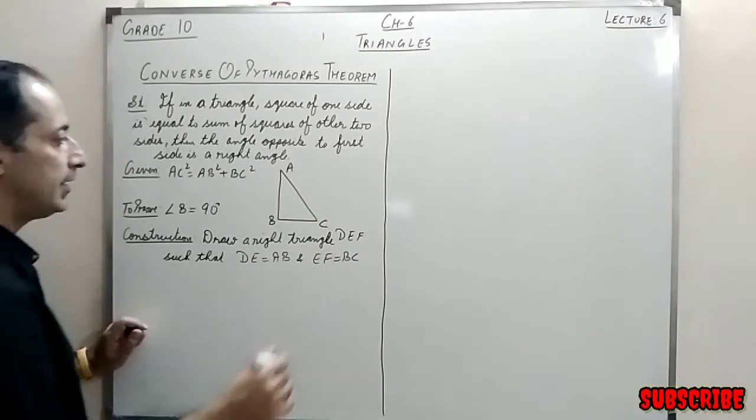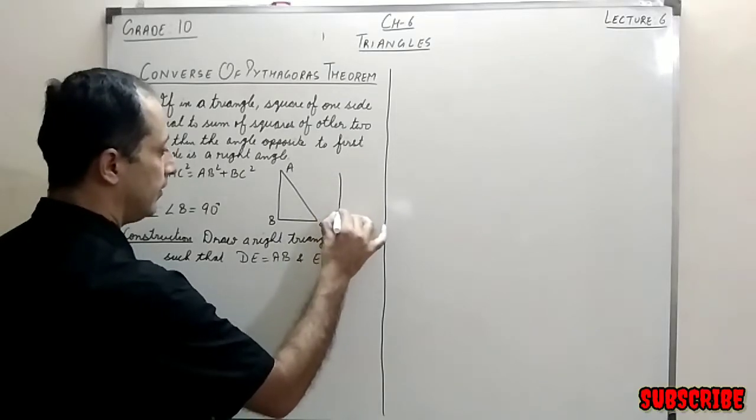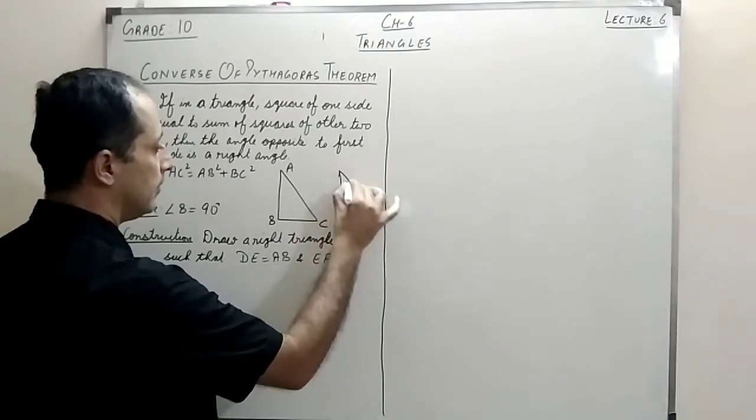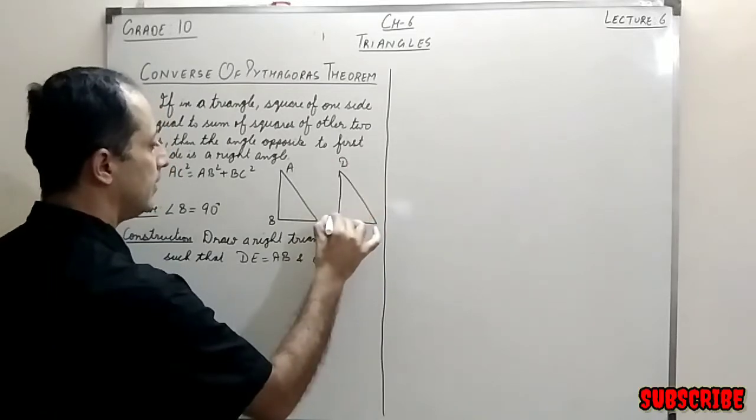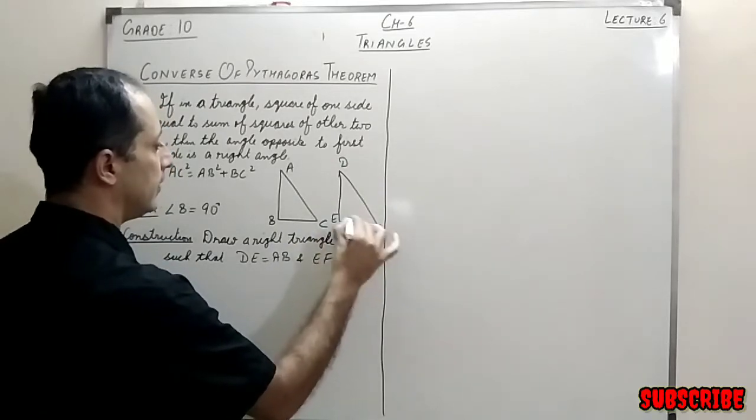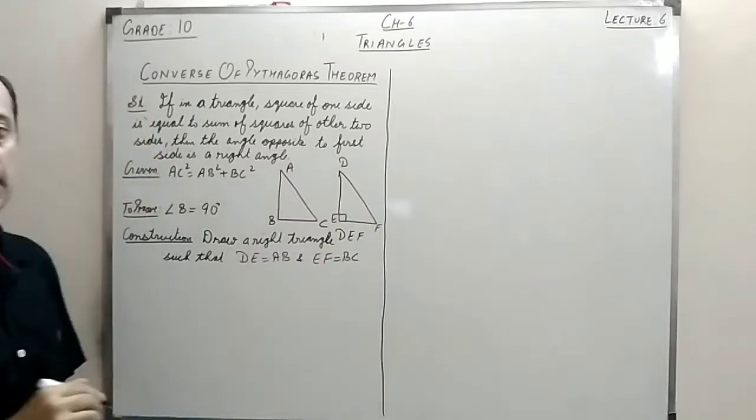So DEF is a right triangle, so I draw a right triangle here. This is D, this is E, and this is F, and this angle is of 90 degrees.